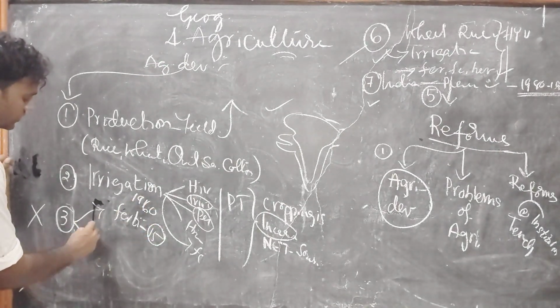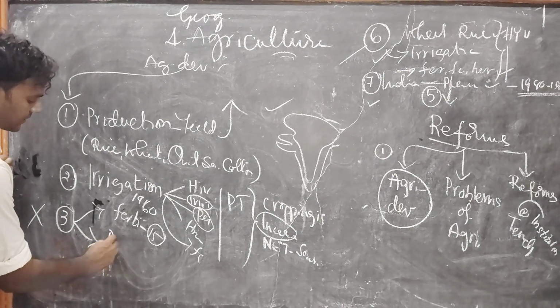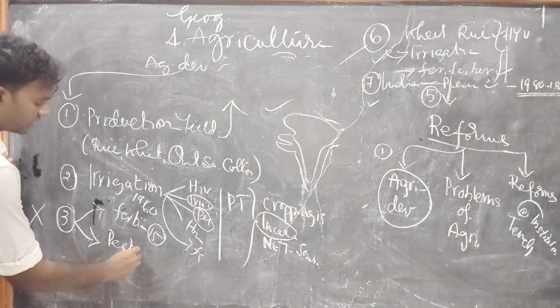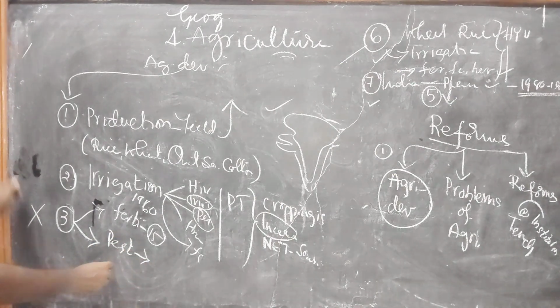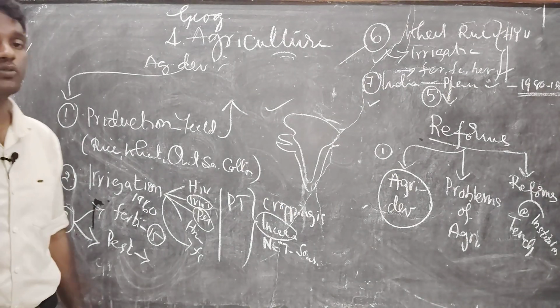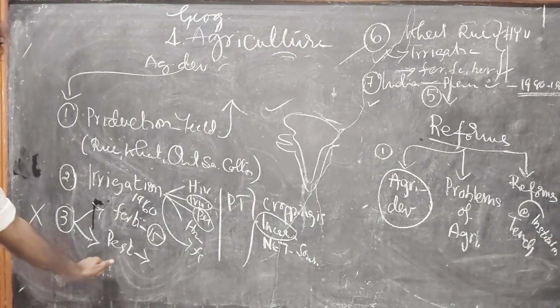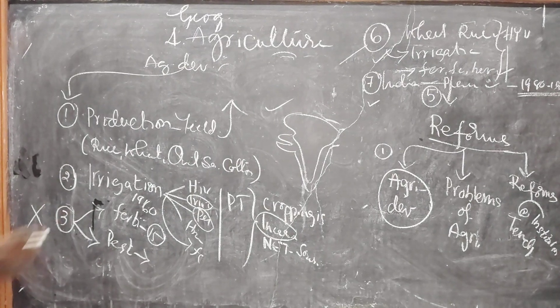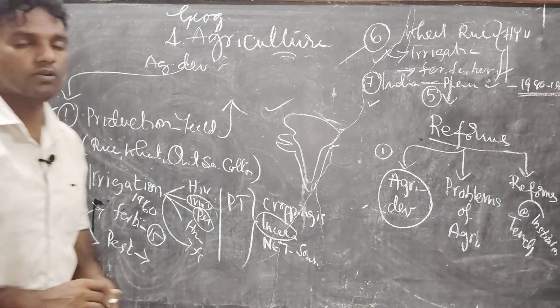And also the usage of chemical pesticides has increased very much. Due to this, soil fertility also decreases if you use these pesticides. These are the good things. This is the bad thing of Indian agriculture development.